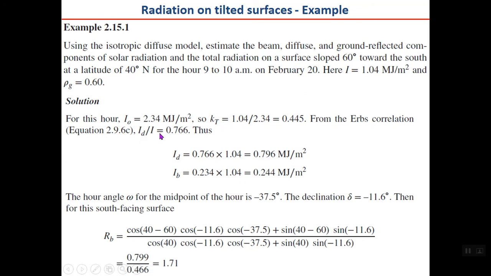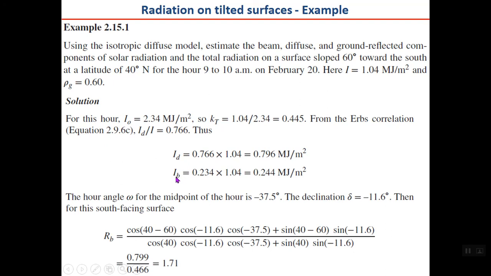Having the value of ID over I, by the method that I introduced before, and I request you to pay attention to the procedure, you can find the diffuse and beam parts of the total radiation on a horizontal surface. Up to now, you have the total radiation on the horizontal surface, the diffuse radiation, and the beam radiation on the horizontal surface.